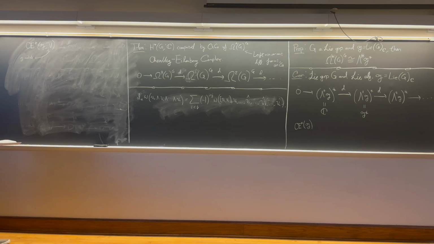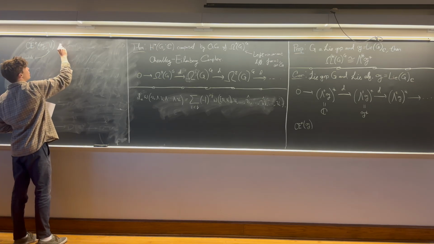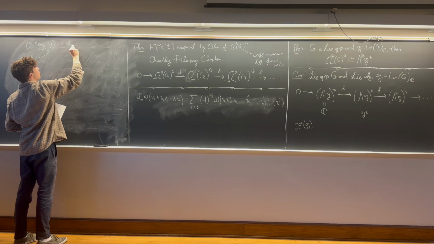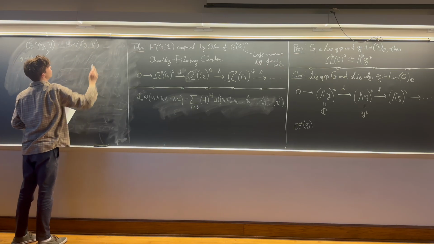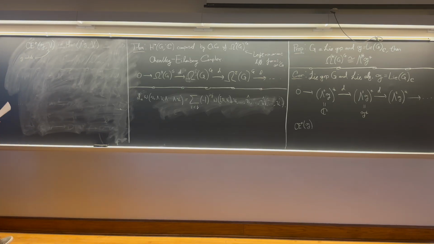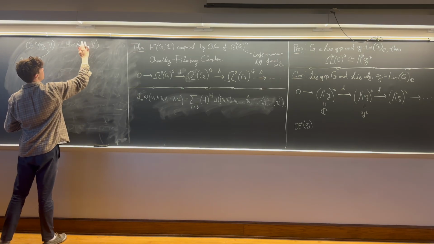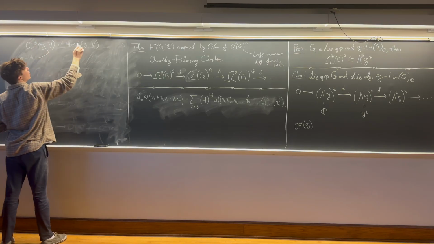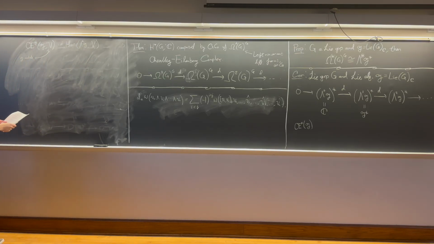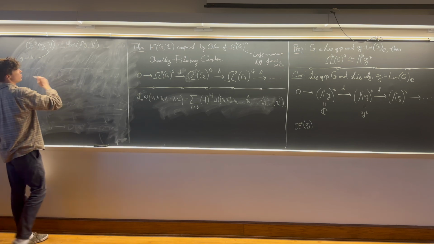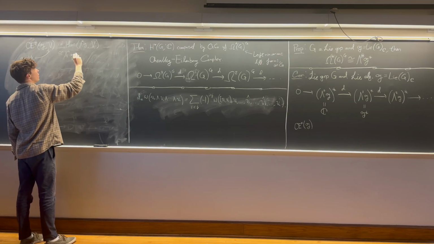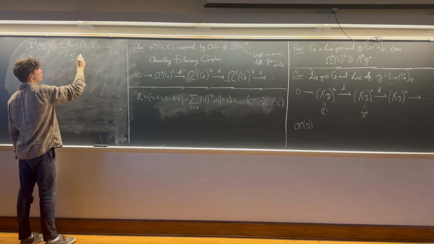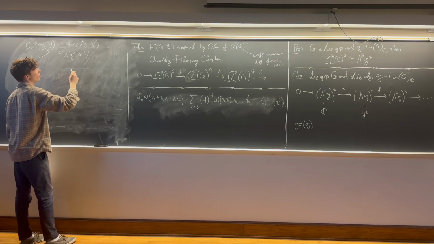A G module. You can define it as morphisms from N, G to V. Sorry, I'm going to stop using this notation. This is isomorphic to maybe a more familiar definition: n wedges of G dual, and then you tensor product your coefficient module.